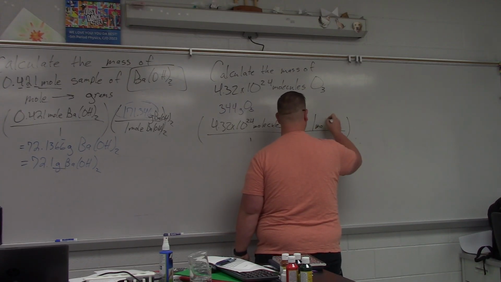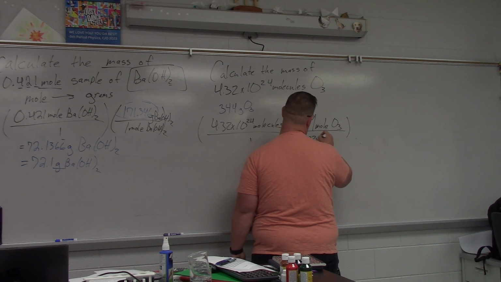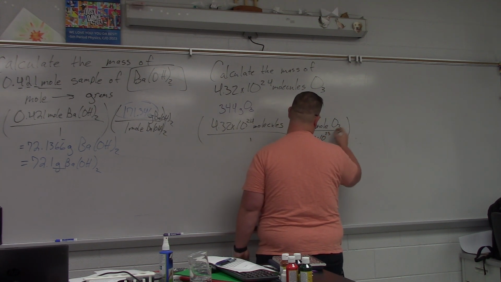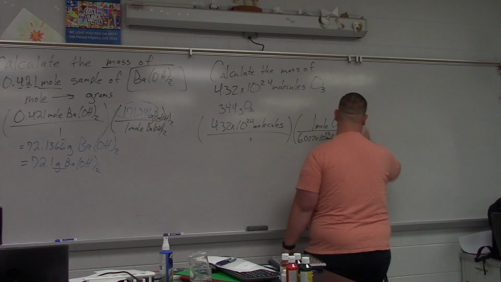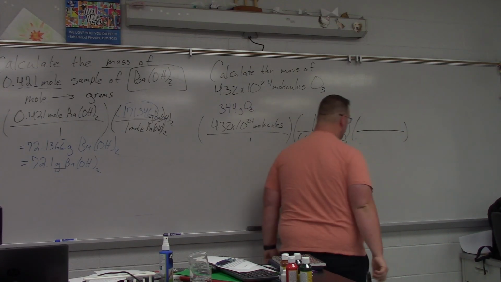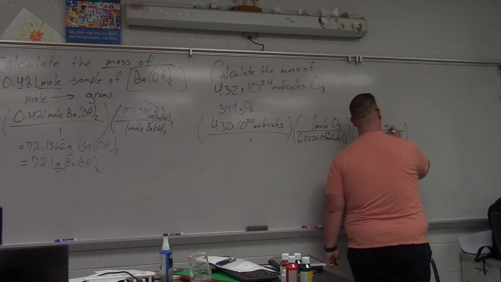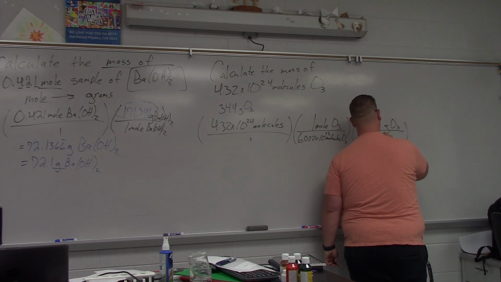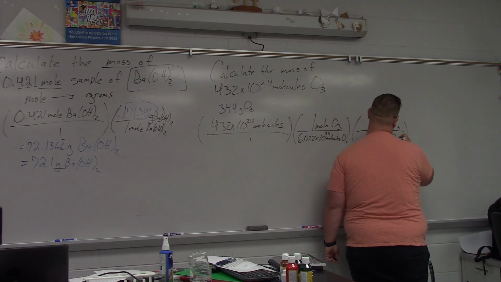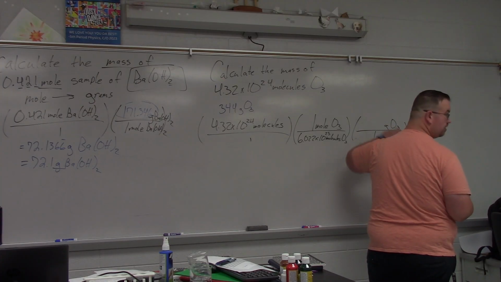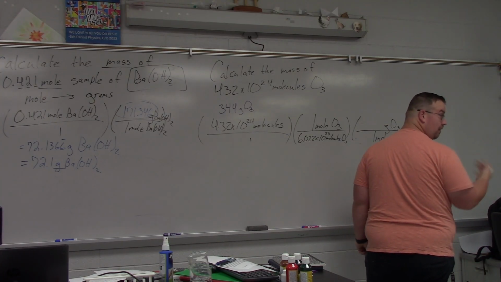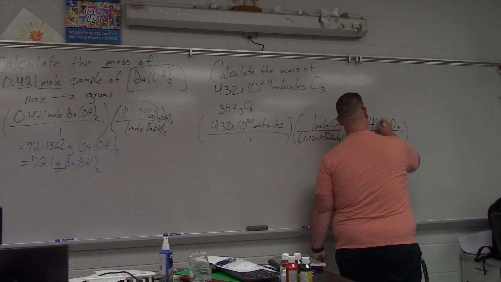I want 1 mole of ozone on the top, and 6.022 times 10 to the 23rd molecules on the bottom. And then you go to grams of ozone on the top, mole of ozone on the bottom. When we do this, you calculate the molecular mass of ozone, you get 48.